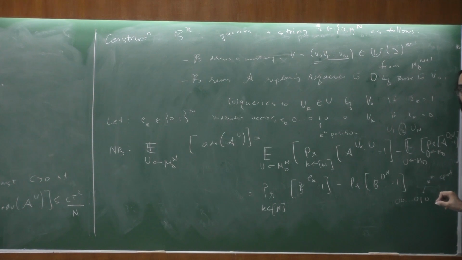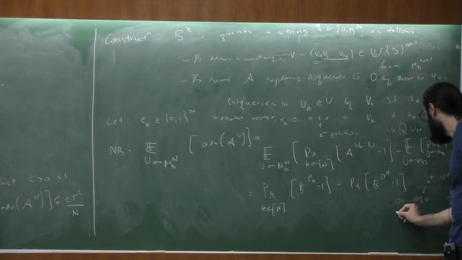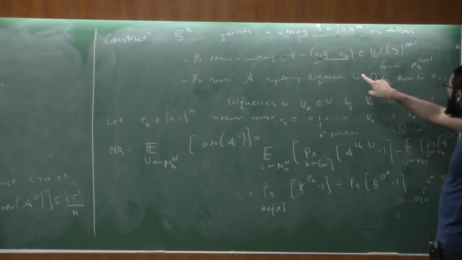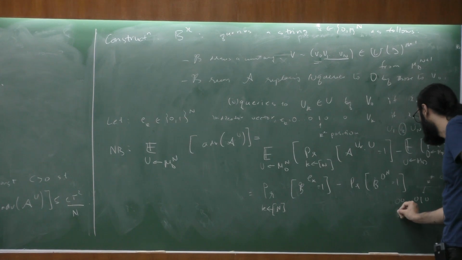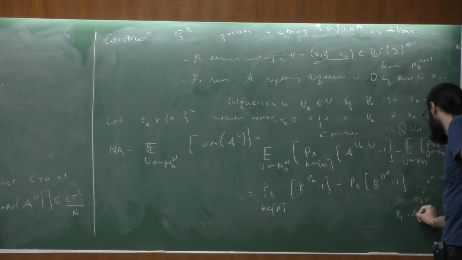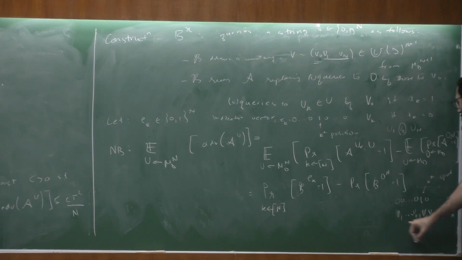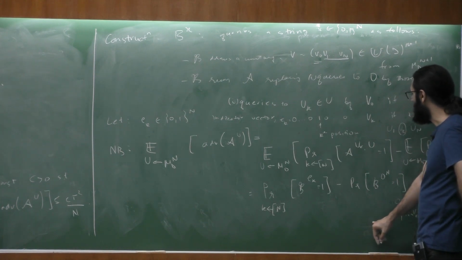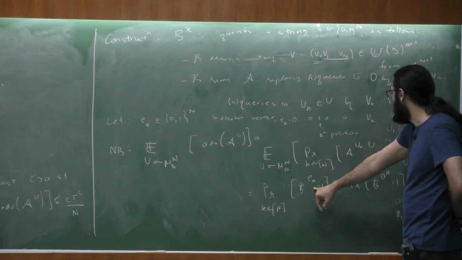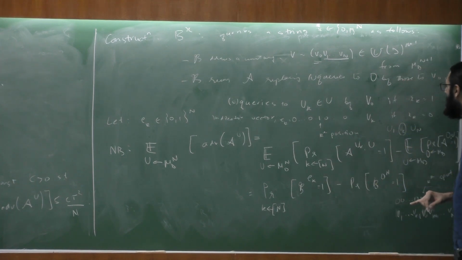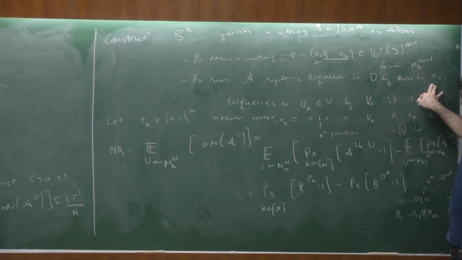It would give you V's everywhere: V1 all the way to Vk minus 1, then V0, and then Vk plus 1 and so on up to V capital N, correct? And the first oracle that was given to A was what? V0, yeah?